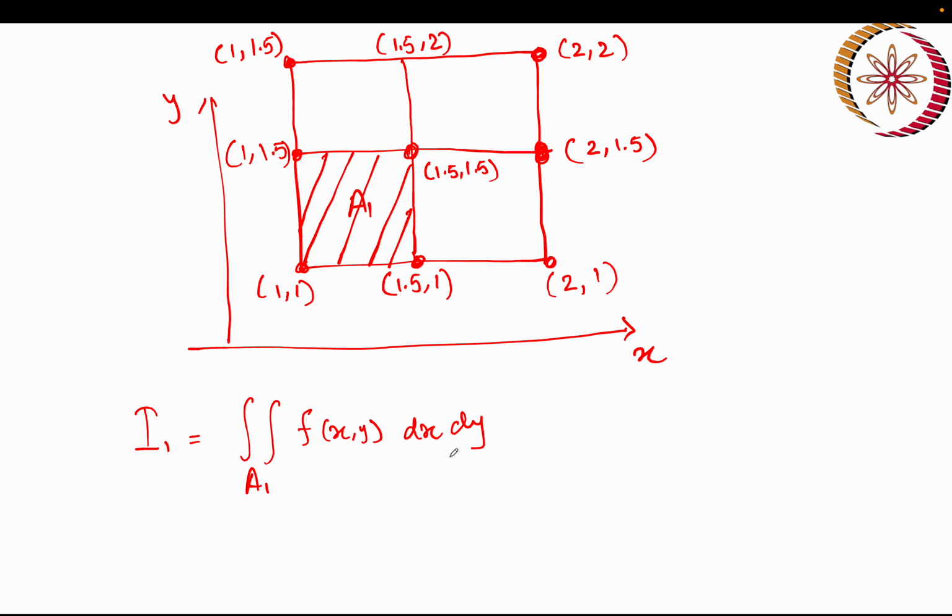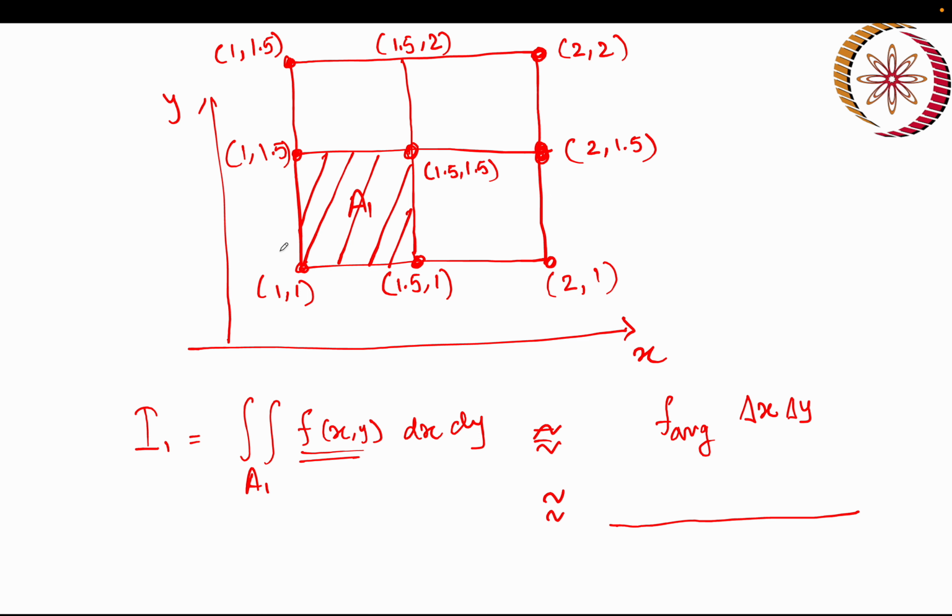In this case we can approximate this by taking the average value of this function. So we can say that this is f average into the area, which is delta x into delta y.